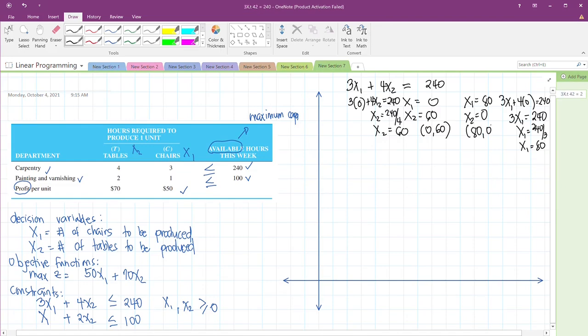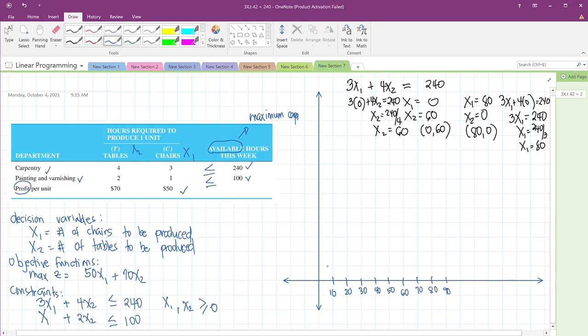Okay? Now let's make this our line. Since 80 is quite large, let's label 10, 20, 30, 40, 50, then 60, 70, 80, 90. So we have enough allowance.